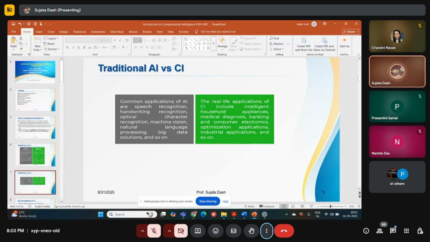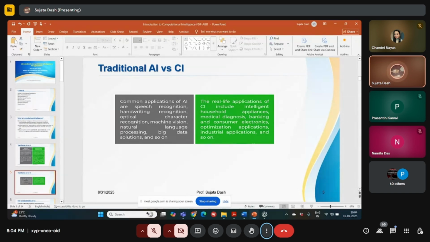Some common applications of AI include speech recognition. Everyone is very familiar with this. All of you must be using virtual assistants like Siri, Alexa, and Google Assistant that understand your voice and respond to your commands.